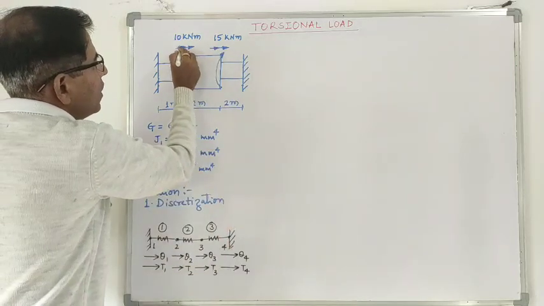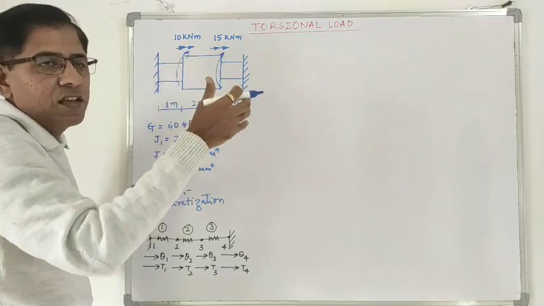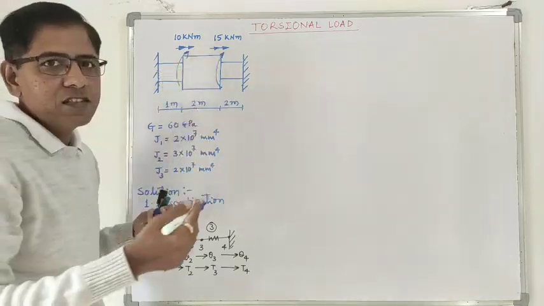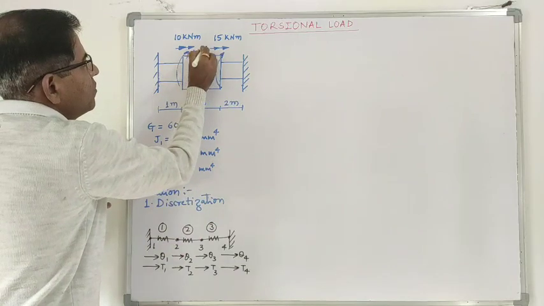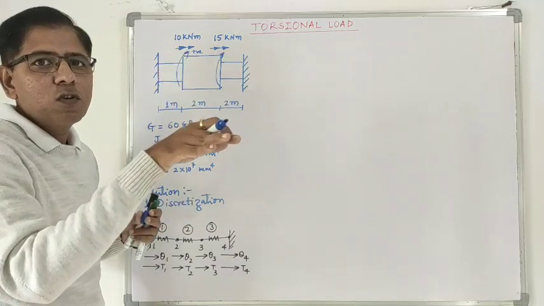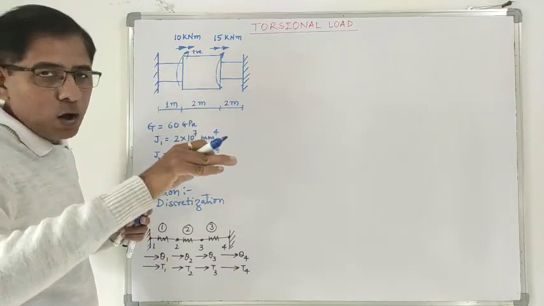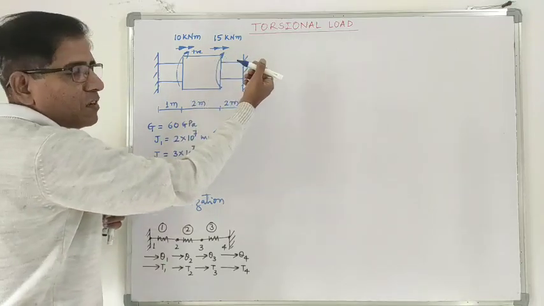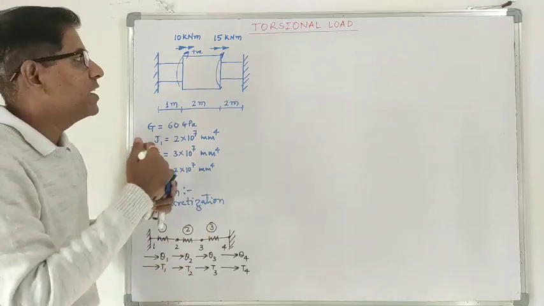This side arrow indicates clockwise, and this side indicates anti-clockwise. Clockwise is considered positive. If the arrows are indicating towards the positive x-axis, that means a clockwise torque is applied, and if the arrows indicate the negative direction, that means anti-clockwise.